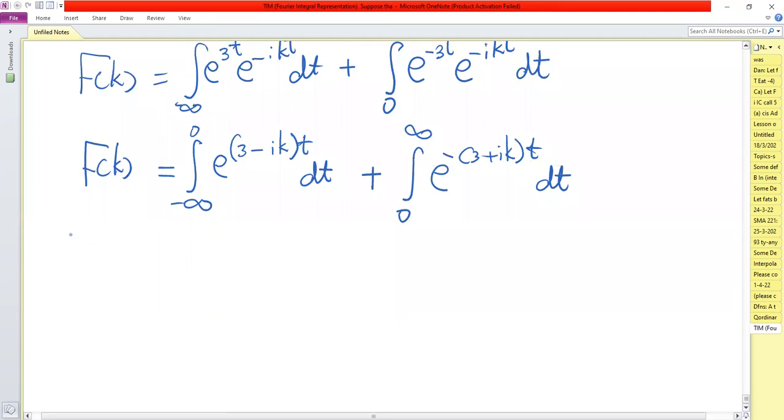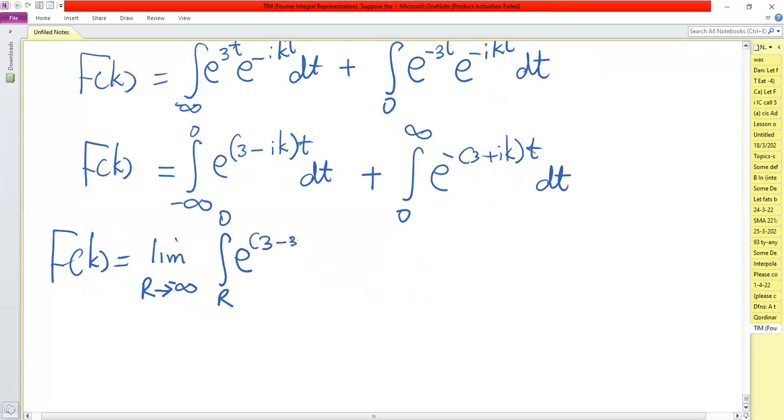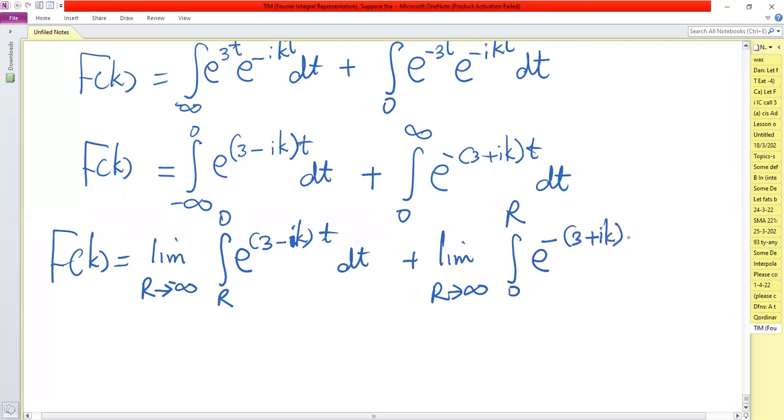So F(k) will be the limit as r approaches negative infinity of the integral from r to 0 of e^((3 − ik)t) dt, plus the limit as r approaches infinity of the integral from 0 to r of e^(−(3 + ik)t) dt.